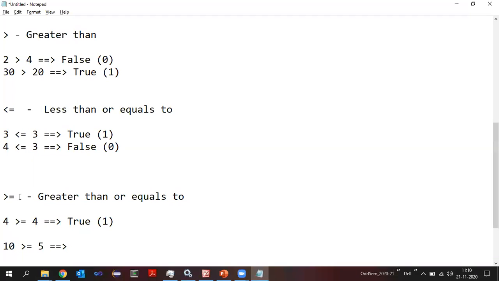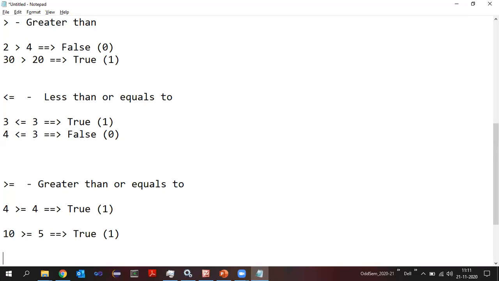Yes, it is True. 10 is greater than 5. It is not equal to 5. But at the same time, the other operation is greater than, right? So greater than is true.